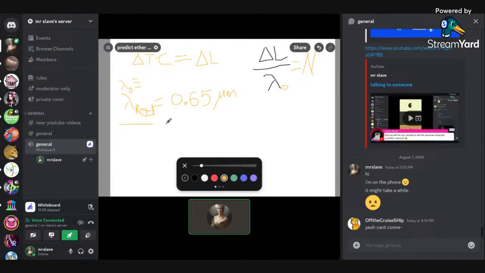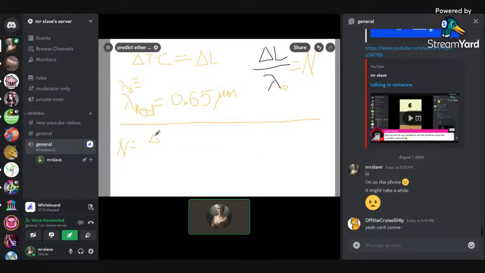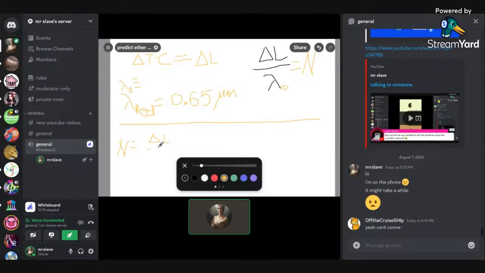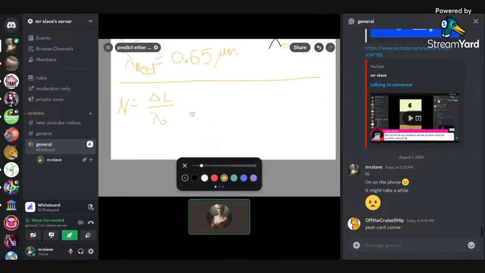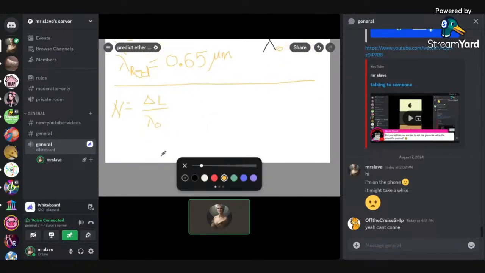So N is what we expect to see at the lab, and it's equal to delta L, that we can calculate, divided by lambda naught. Okay, so lambda naught is 0.65. So we know lambda naught. Now what is delta L?